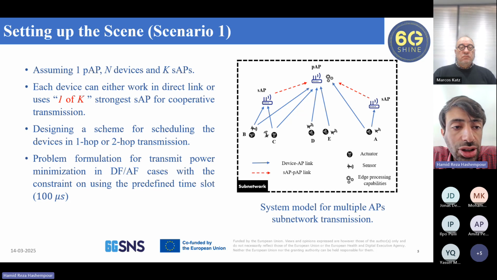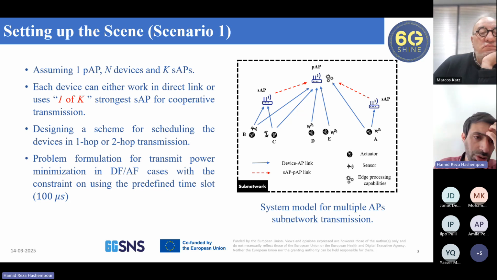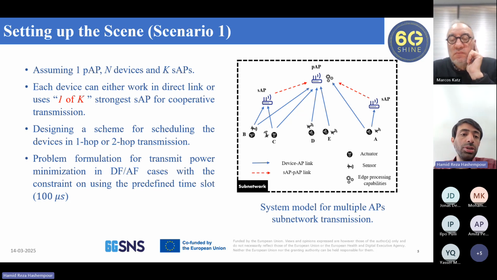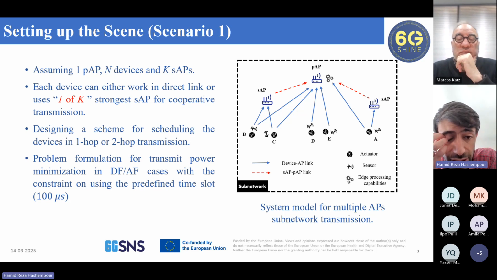Our strategy is to select one out of K available secondary access points for transmission in two hop mode, and in one hop mode we just use direct transmission to the primary access point. Then we formulate a problem for power minimization under constraints on the power and the predefined delay requirement that is selected as 100 microseconds in this work.